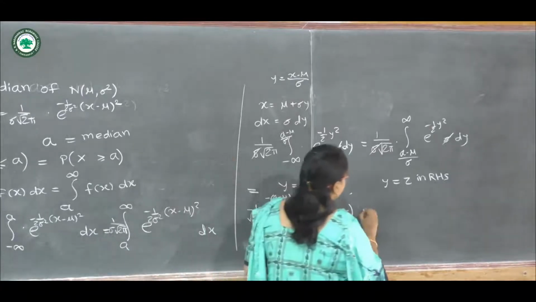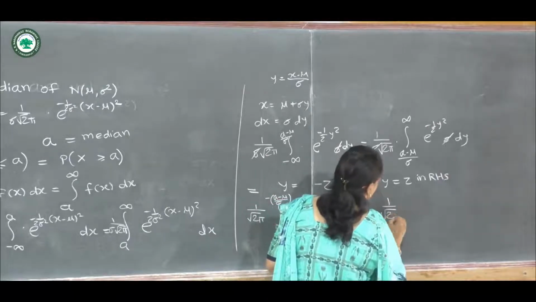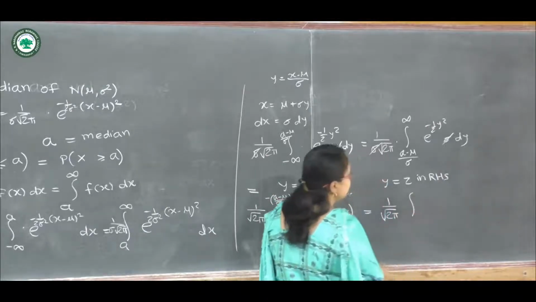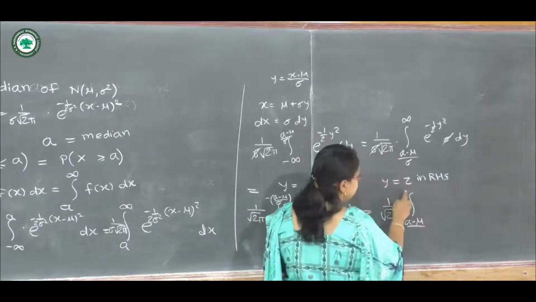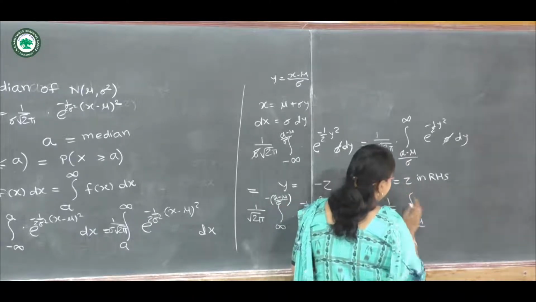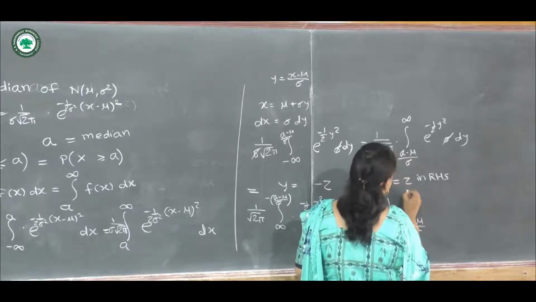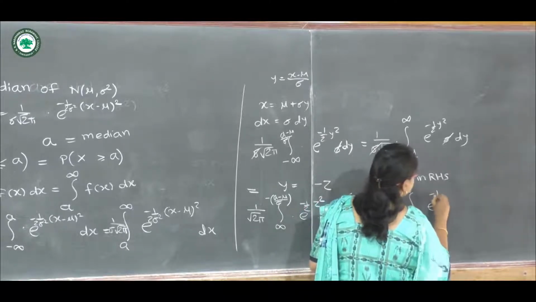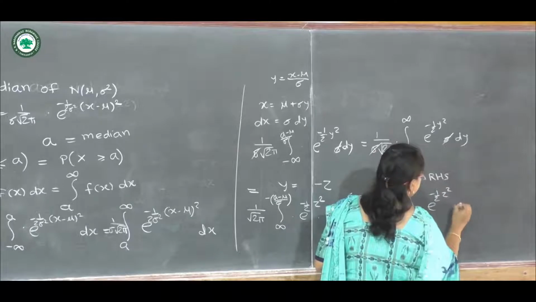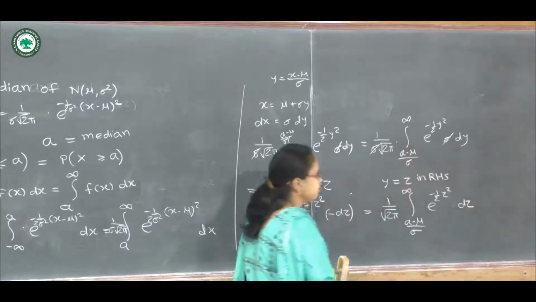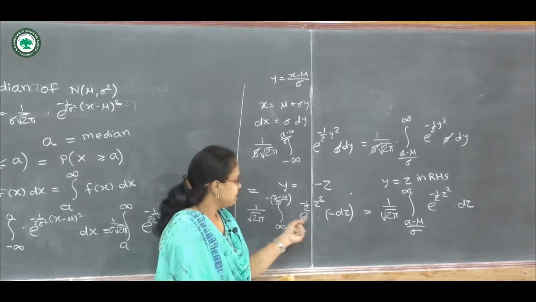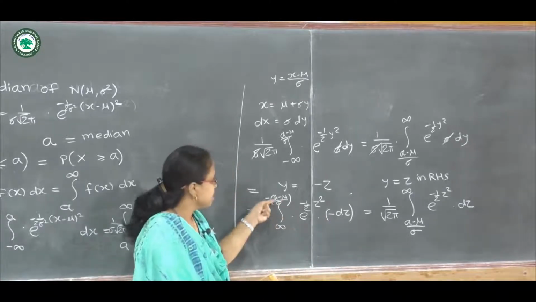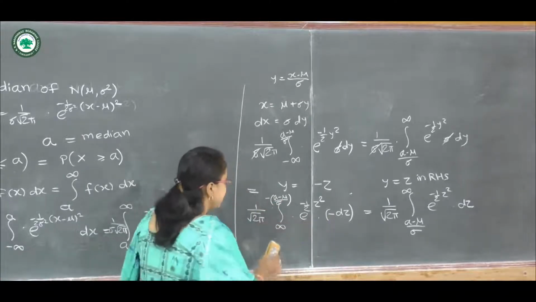Then equal to 1 upon root 2 pi integrate. Here there will not be any change because we are just replacing this y with z, into dz. Now here there is a negative sign and we can interchange this range due to this minus sign.